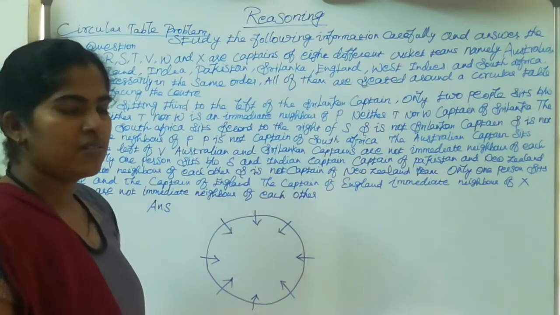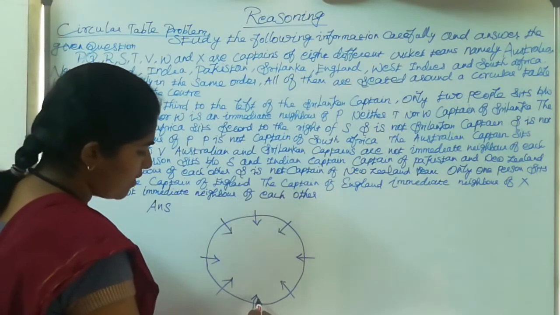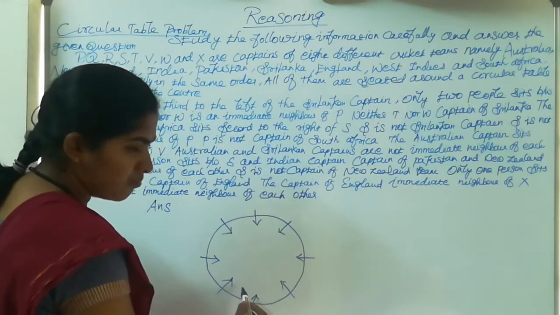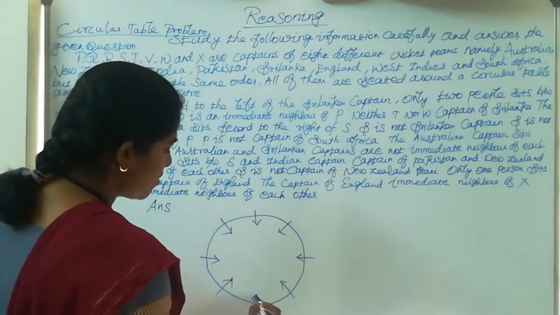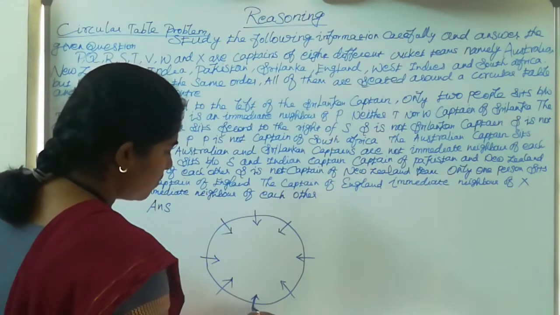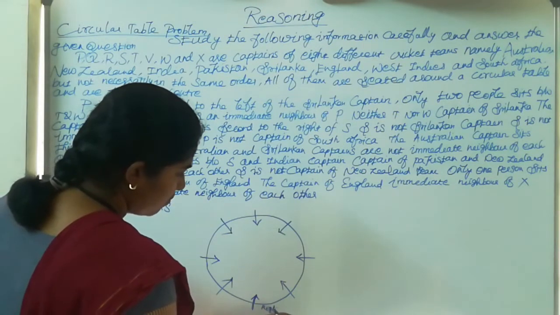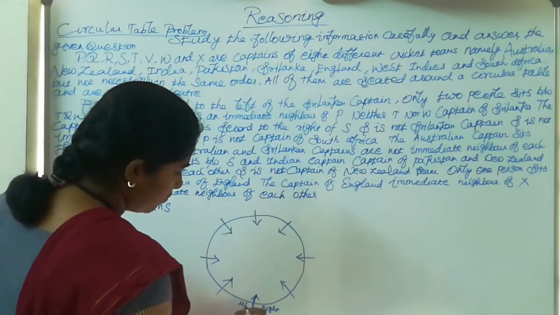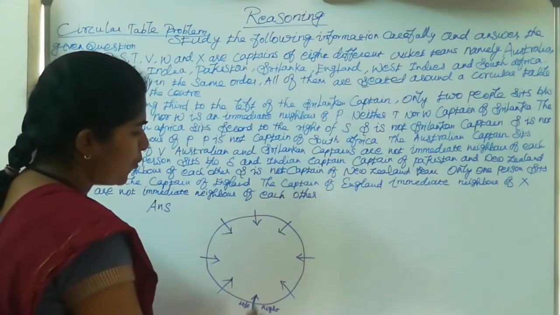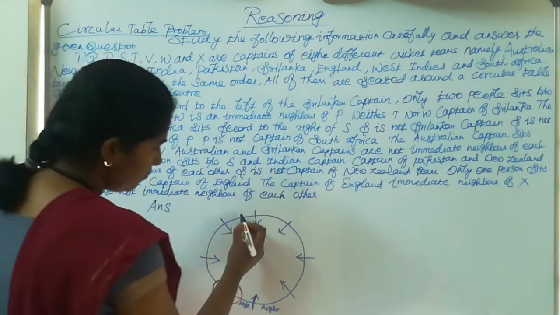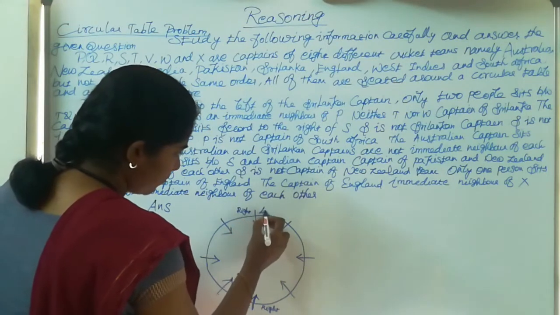Total 8 members are facing towards the center, so their right side is their left side. A person sits facing the center with a right side and a left side. The opposite person has the right and left sides reversed.